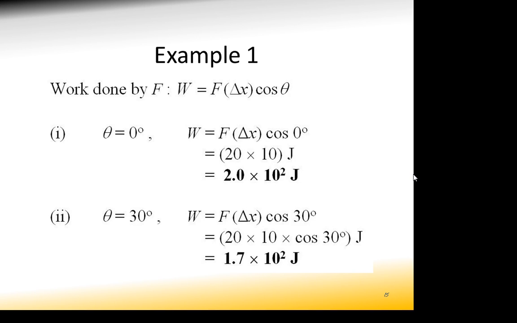Is it always cosine theta? It depends on where your theta is. In this case, theta is the angle between the horizontal and the F. If it's between the vertical and F, then it's sine theta. So you need to know which trigonometric function to use depending on the diagram.